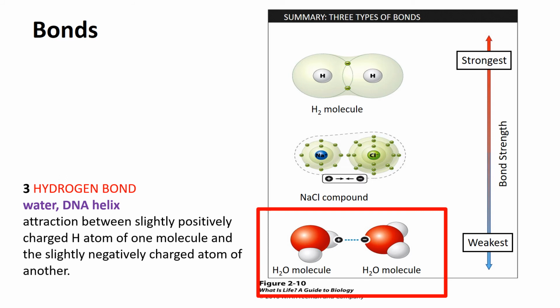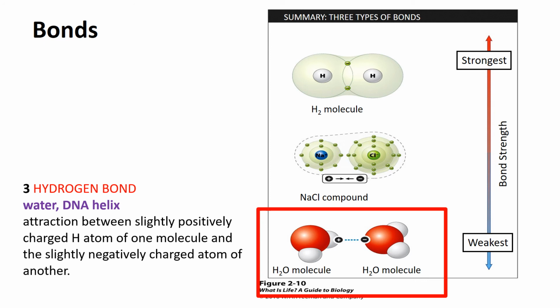So whenever you have two water molecules, they're interacting with each other. The partial positive of the hydrogen is attracted by the partial negative of the oxygen in the opposite oxygen molecule. Again, it's a partial attraction, so that's why this is the weakest of the three types of bond.